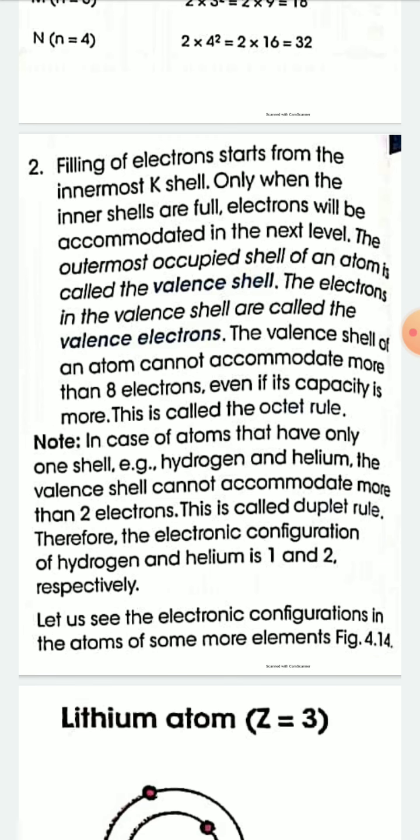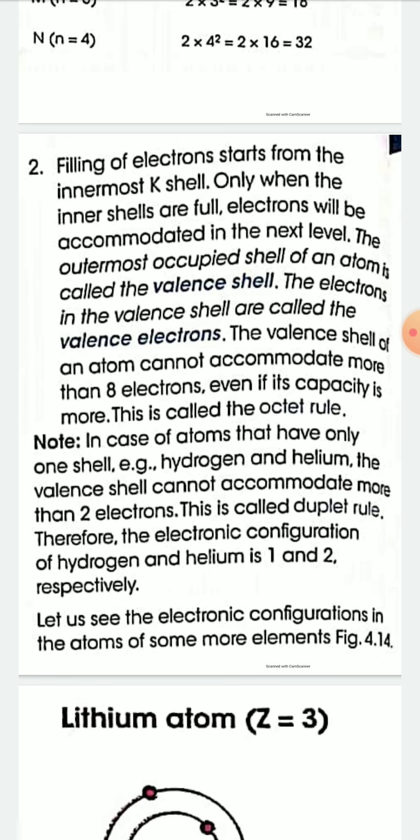So the maximum number of electrons in the valence cell is 8, and this is called the octet rule. Octet rule means 8 electrons in the valence cell.